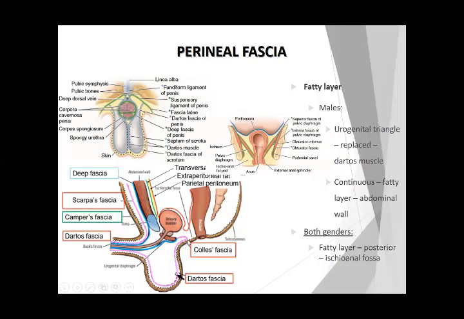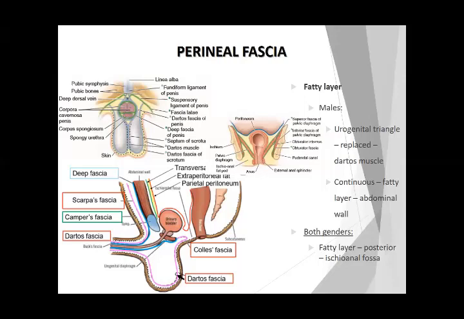This yellow sawtooth line was once the fatty layer, but then got converted into dartos muscle. Dartos muscle is simply muscle fibers within the fatty layer, within the connective tissue, panniculus adiposus, in the fat.